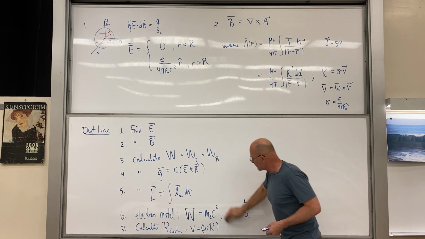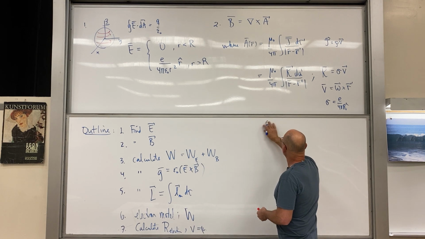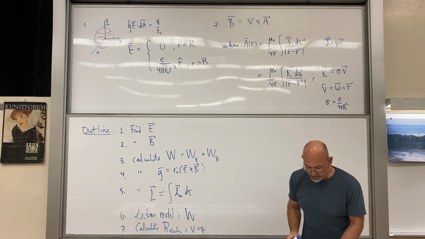So for our vector potential, we obtain A, and we'll just write this down.